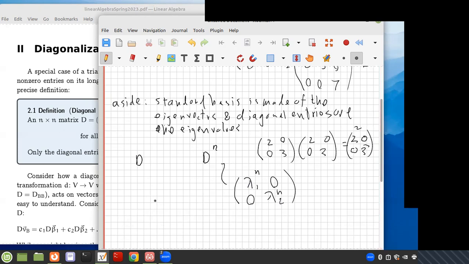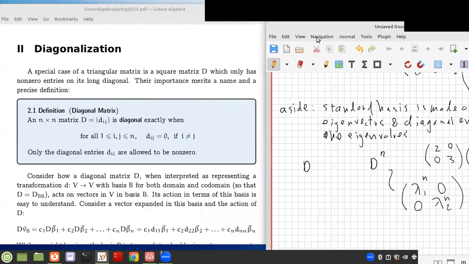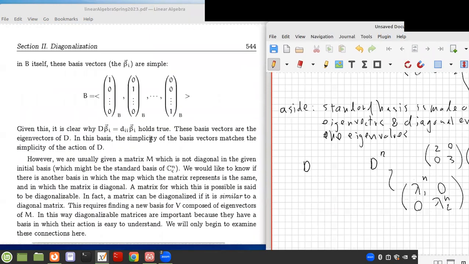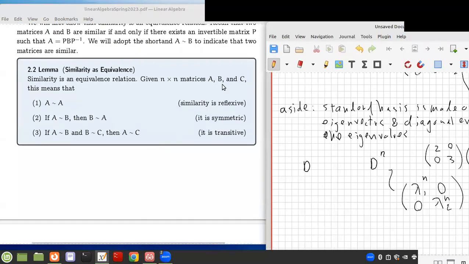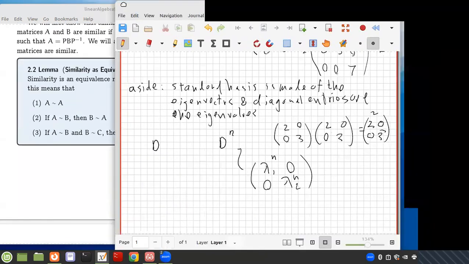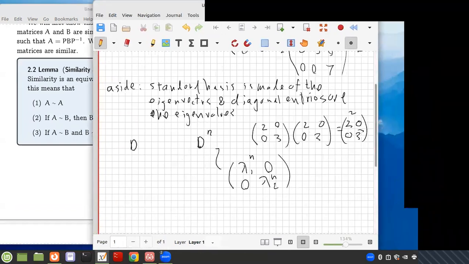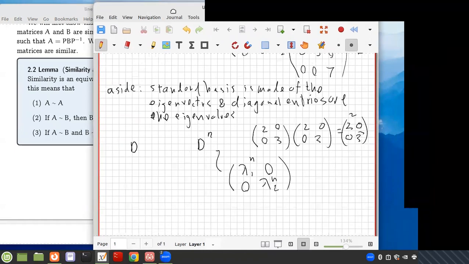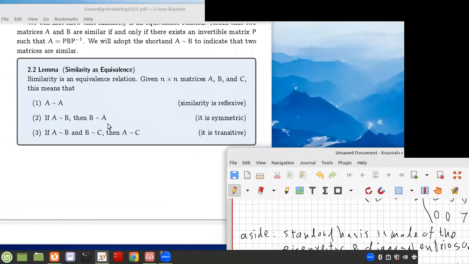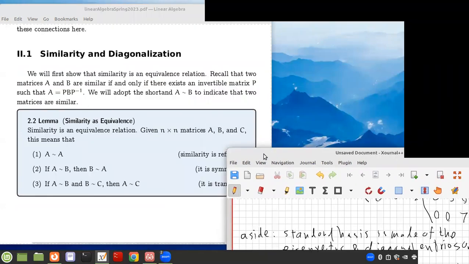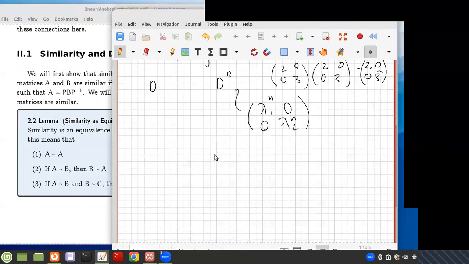So here's the question: when can you diagonalize a matrix? Find another matrix that's somehow equivalent to it, has the same eigenvalues, and is diagonal. Last time we looked at matrices that were similar.